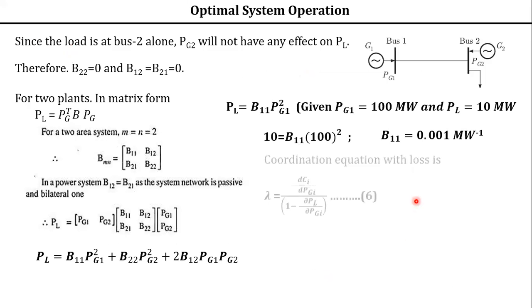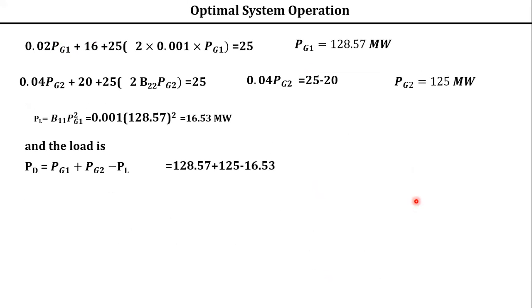All these things we have done yesterday till this point. You see here PG1, PG2 for the first question, and this is the power received by the load. So with this load of 237.04 megawatt, we have case A and case B. Case B is when losses are coordinated, that is, when the losses are included.